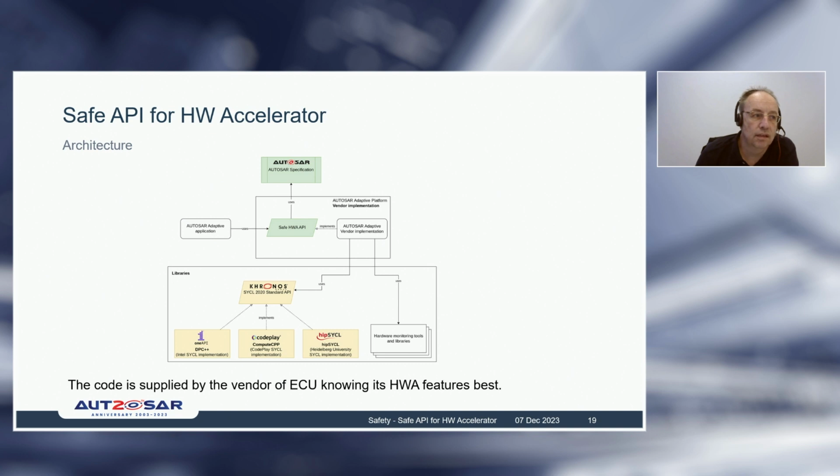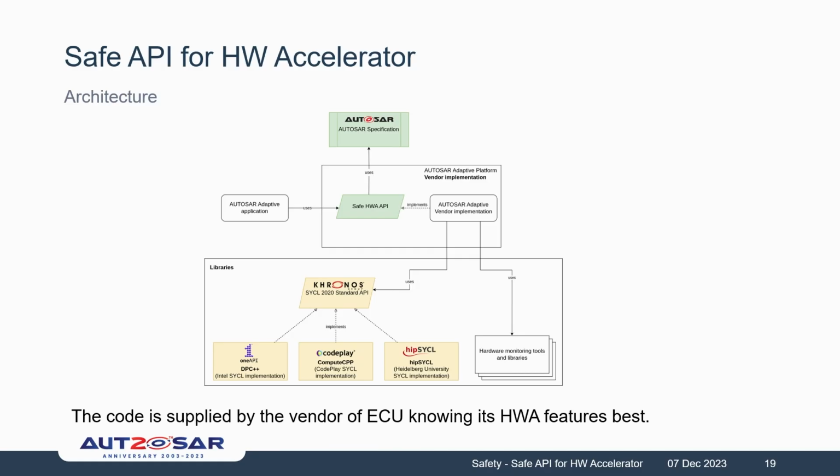How would the architecture look like? We see here on the left-hand side the adaptive application that needs some computation task. It accesses the API, the safe hardware API, and these two are combined with a vendor-specific implementation code. Why do we have vendor-specific code in here if it has a standardized API?